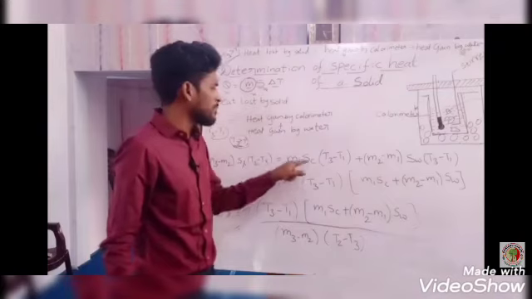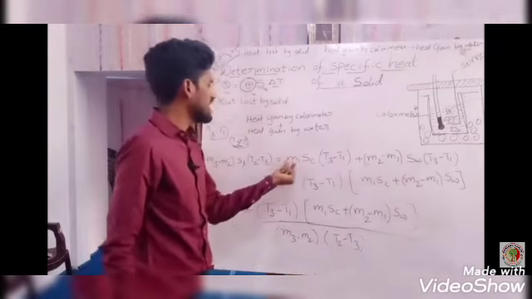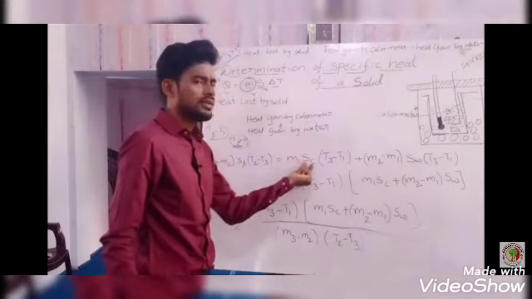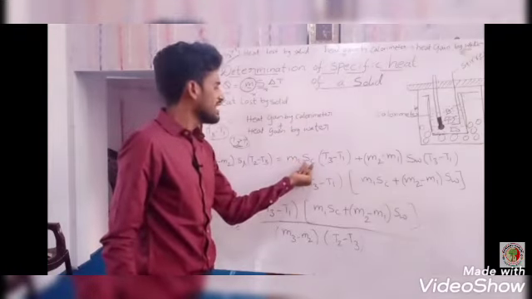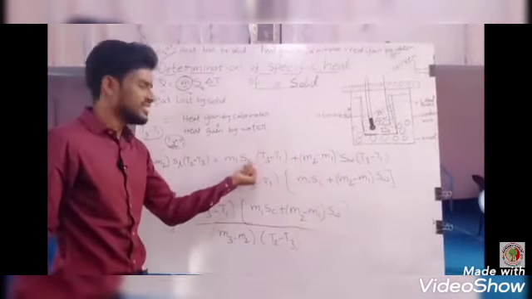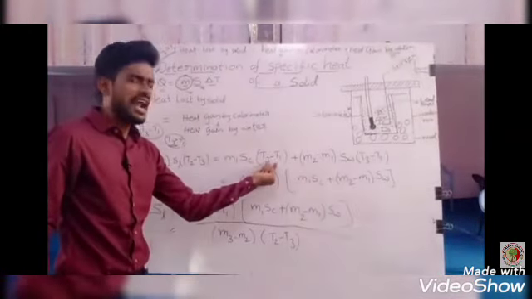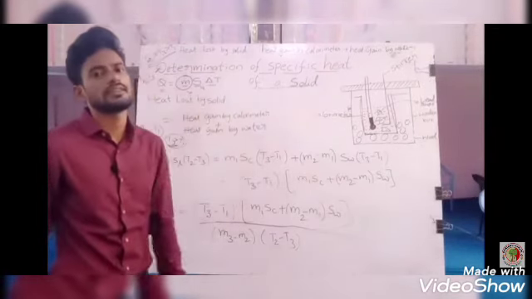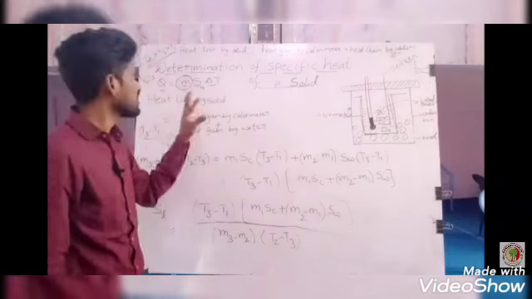Heat is nothing but MST, so calorimeter mass M1, specific heat of the calorimeter SC, C indicates calorimeter, and temperature change T3 minus T1. Delta T is nothing but temperature change.